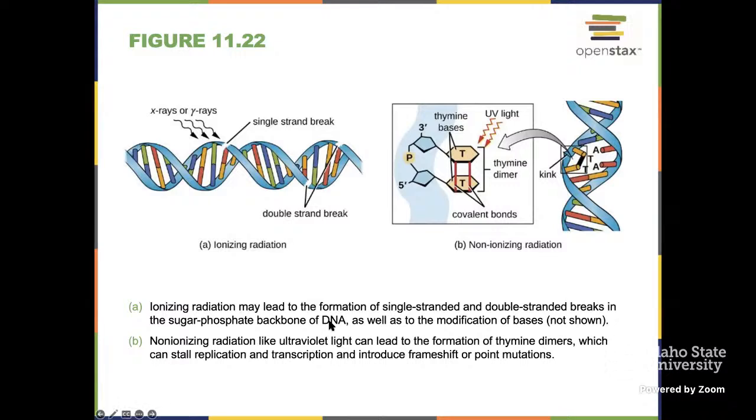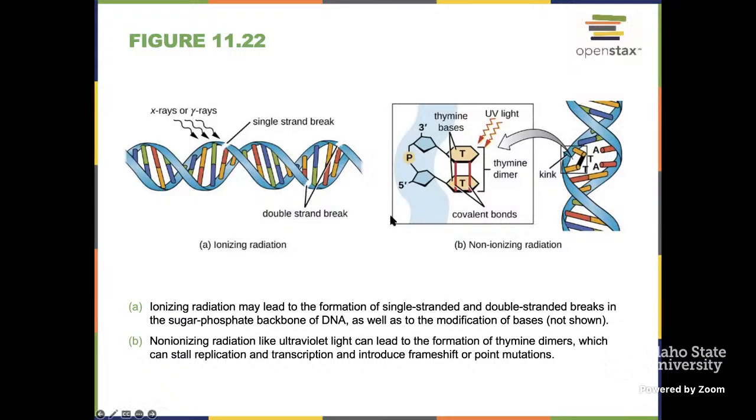Ionizing radiation causes damage to the DNA, breaking the covalent bonds in the backbone. We can see a single strand break, or we can even see a double strand break as we move over to the opposite end of this, causing damage to the DNA and potentially issues with the nucleotides as we're breaking through there. We're really just showing what's happening to the backbone.